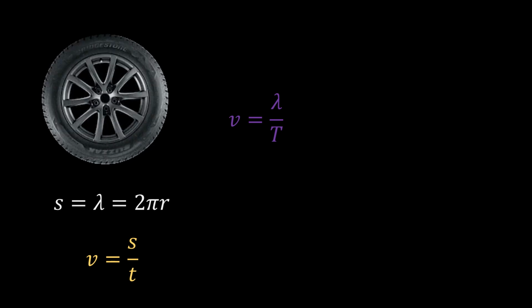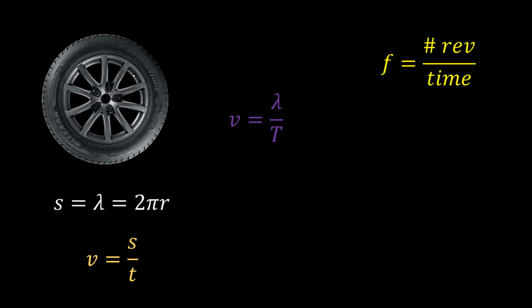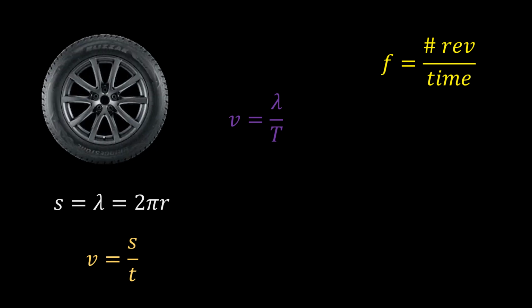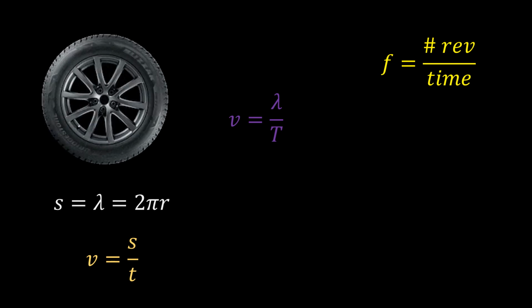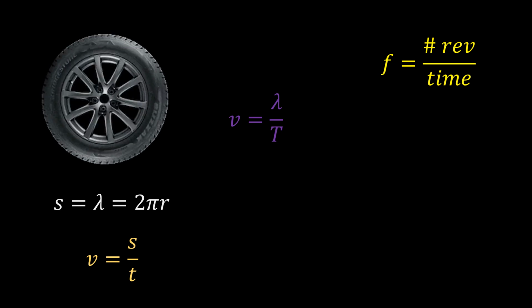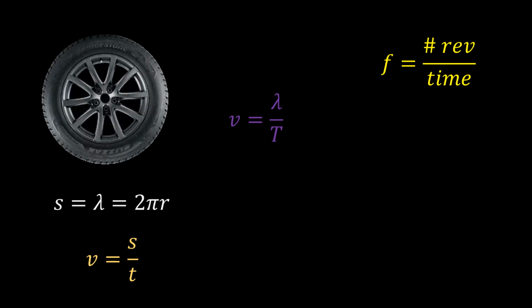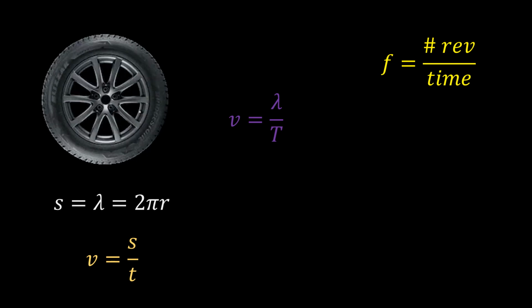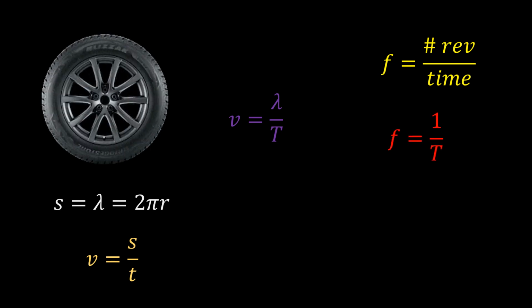Frequency can be defined as the number of times something occurs in a given time. For a rotating body, this translates to the number of revolutions made per unit time. For one revolution, the time taken is equal to the period, so frequency can be written as 1 over t.